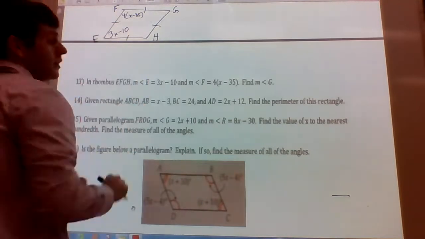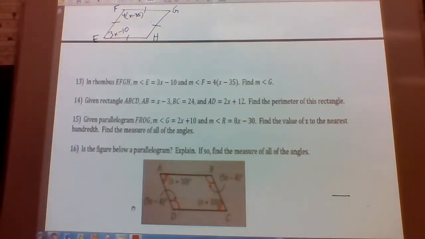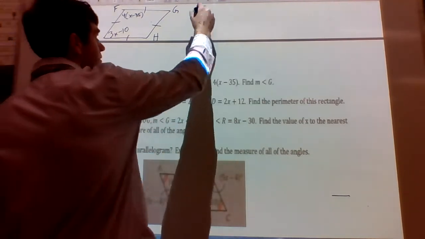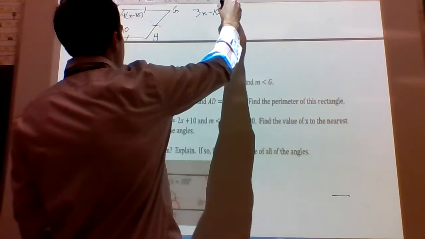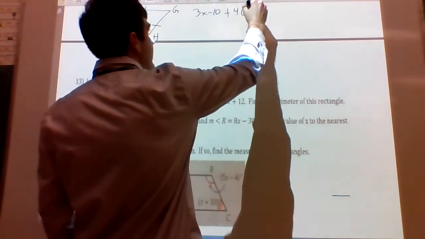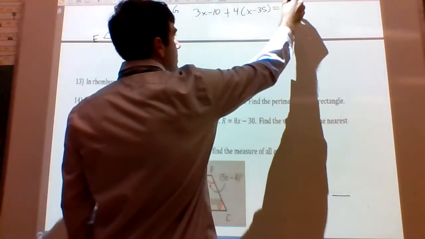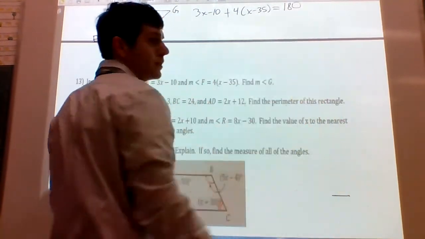So angle F and angle E are consecutive angles. So they're going to be supplementary, meaning they're going to add up to 180. So we can add those two values, 3x minus 10 plus 4 times the quantity x minus 35 are going to equal 180.